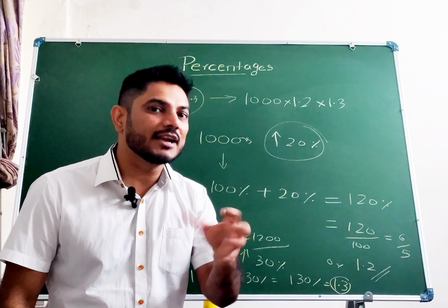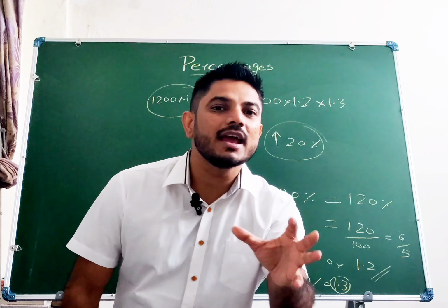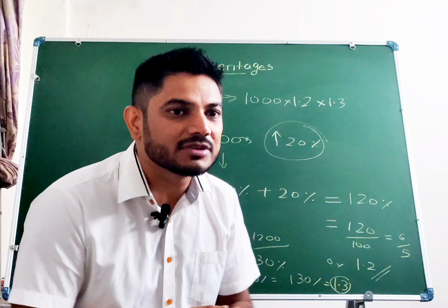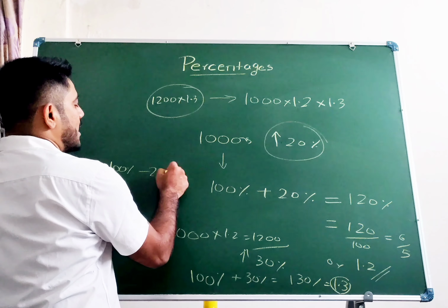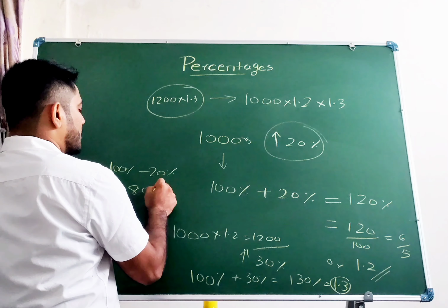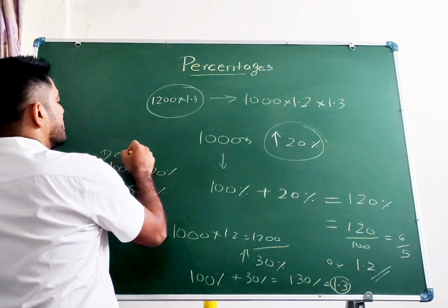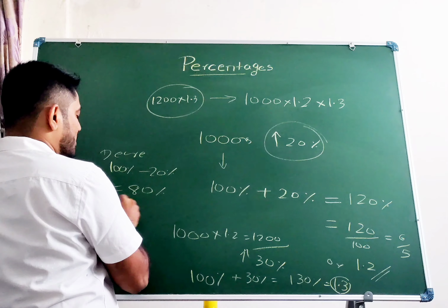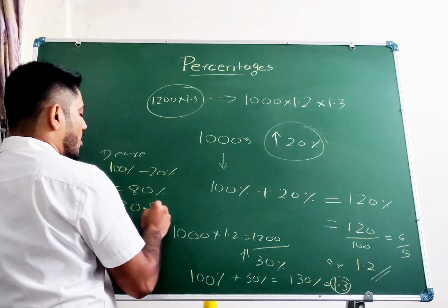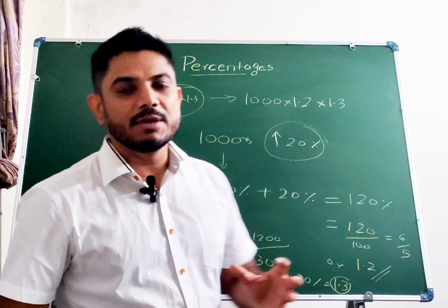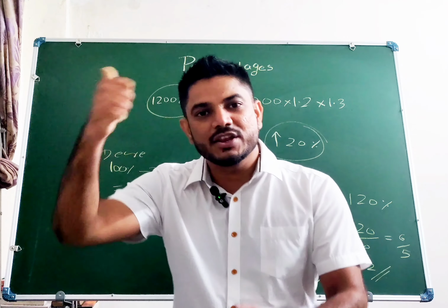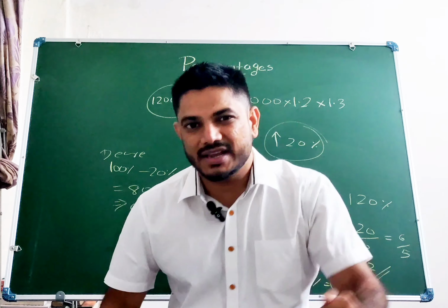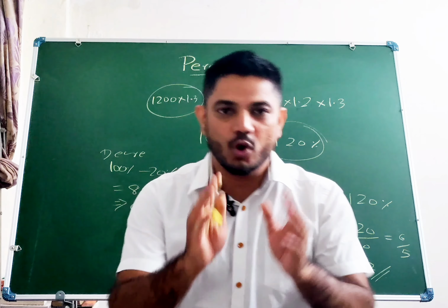If it was decrement, it would have been 0 point something. Why? Because if I say decrease it by 20%, it would have been 100% minus 20%, which is 80%. So this is decrement, right? So decrement is 80%, which is in ratio format 0.8. So the multiplying factor is very important while calculating the percentage change. Increase, it will be 1 point something. Decrease, it will be 0 point something. I hope this is clear.